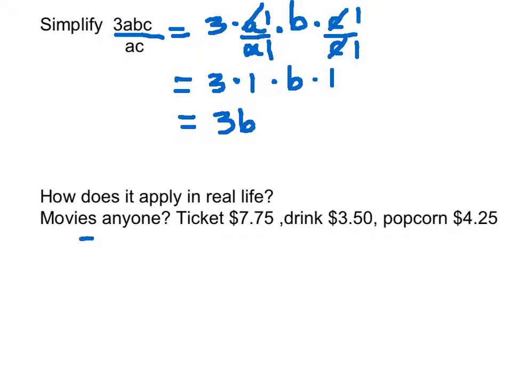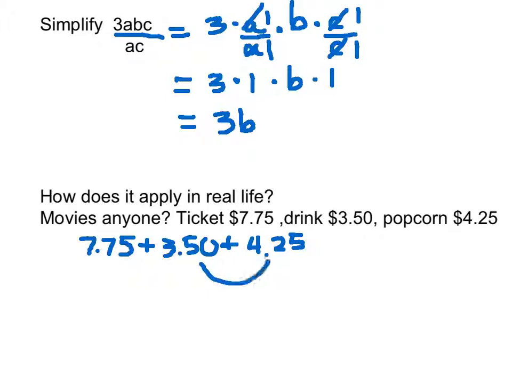Well, you know what? I think that instead of adding them together like I just did, $7.75 plus $3.50 plus $4.25, it might actually be easier for me if I use the commutative property of addition and I swap the $3.50 and the $4.25. So let's go ahead and add $7.75 plus $4.25.